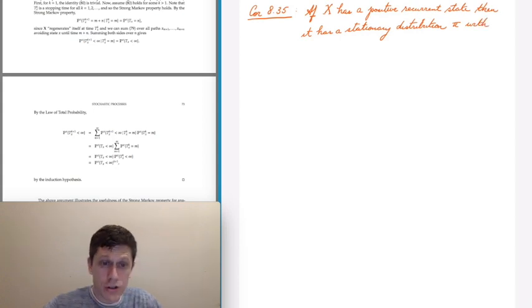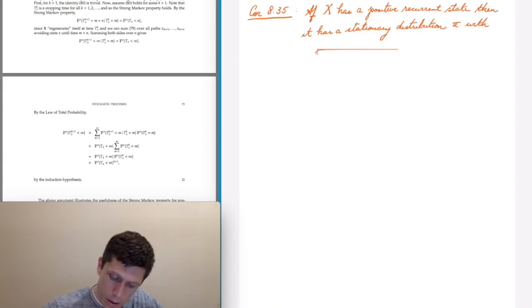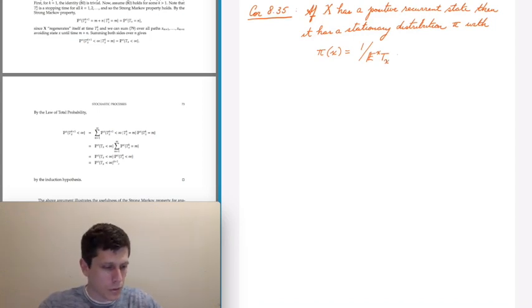And that stationary distribution is going to coincide with the stationary distribution from the excursion chain in particular. Its probabilities have to satisfy this relationship.